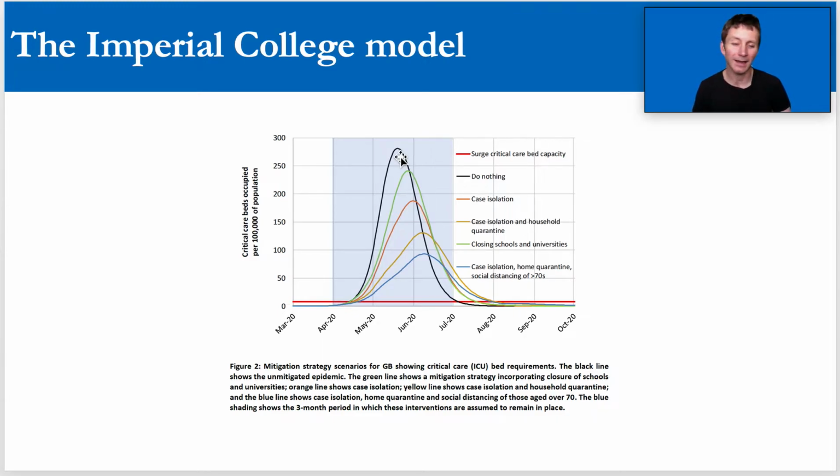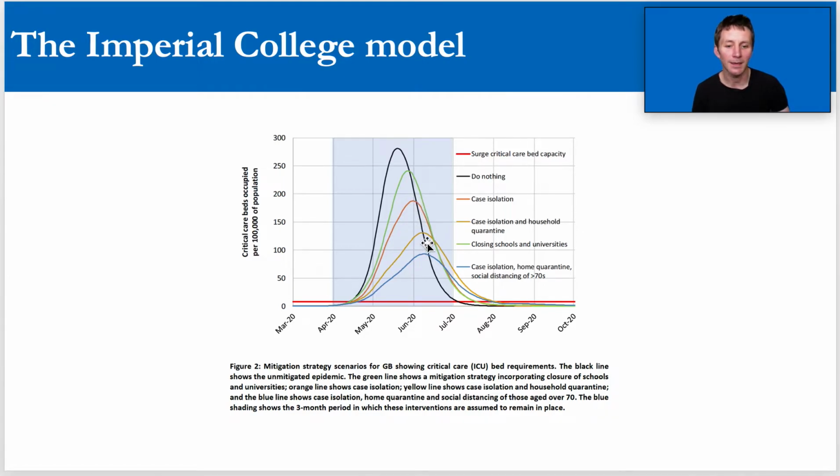And that is actually a conservative estimate, because that's assuming that all of those people could receive care if needed, so that the healthcare system was able to cope. This next one here is just closing schools and universities without doing anything else, without case isolation or anything else. This one here is what happens if we just say stay in if you've got symptoms.